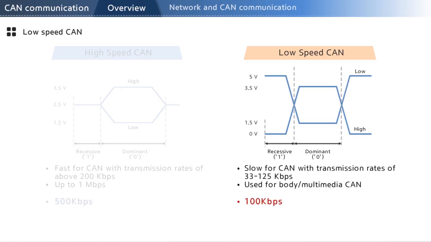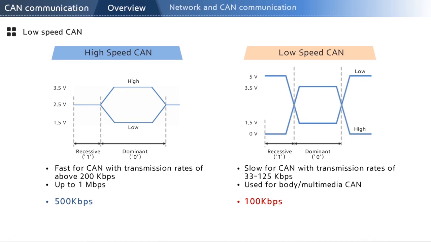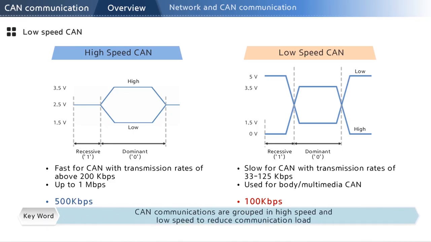While it supports up to 125 kilobits per sec, 100 kilobits per sec is normally used in the vehicle. Connecting controllers to high-speed and low-speed CAN for the transmission rates they require helps distribute the load and allows for effective data processing.